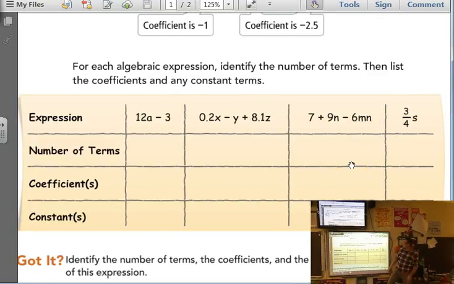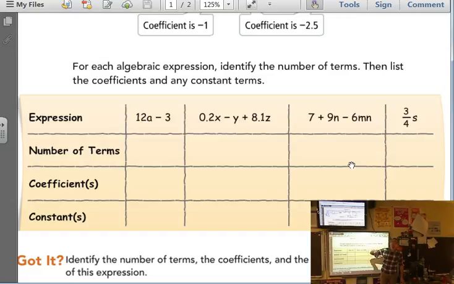Let's see if we can get through a couple of these. Let's do the first one together so you guys get a hang for what we're doing. And maybe you guys will be able to do the next three on your own. So Hayden, when we look at the 12a minus 3, how many different terms are there? So what kind of term would 12a be? Would it be a constant or a variable? Variable, right? What kind of term would 3 be?